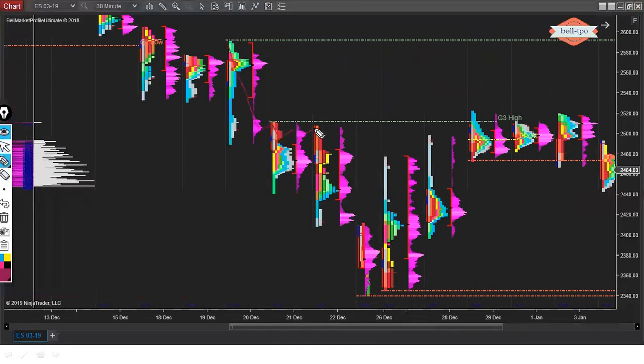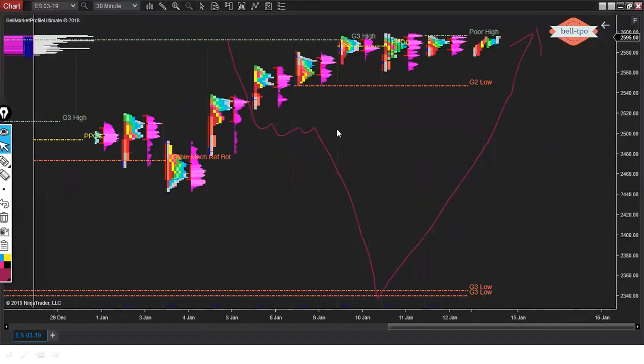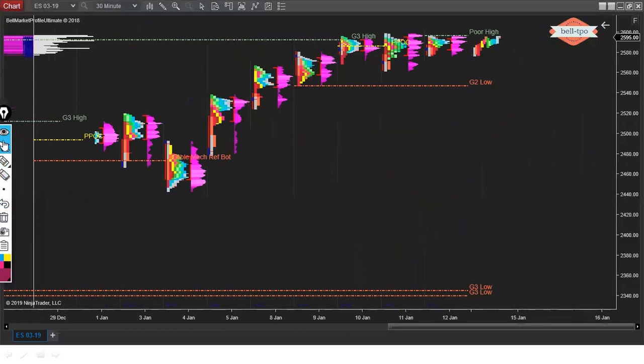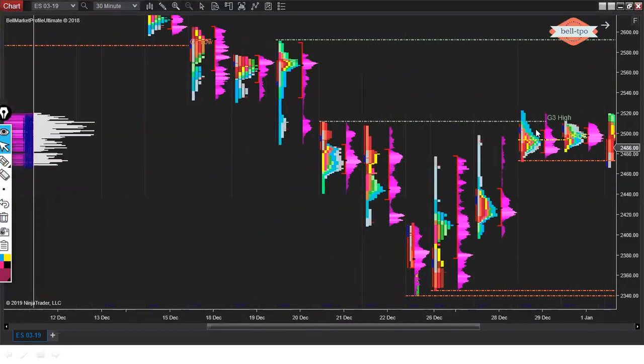As I said, if a back-to-back G3 high is not cleared, temporarily we might go down, but eventually we scale it back. That G3 high got cleared on 9th Jan, and till today that is a high. And in fact, it is a back-to-back G3 high, if I am not wrong.